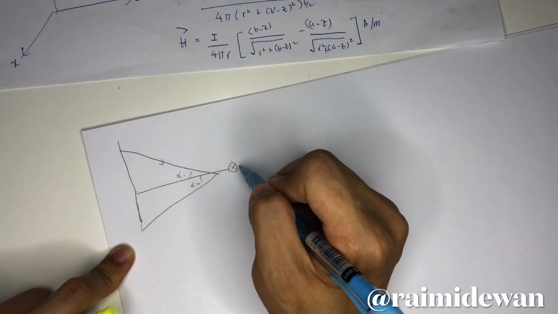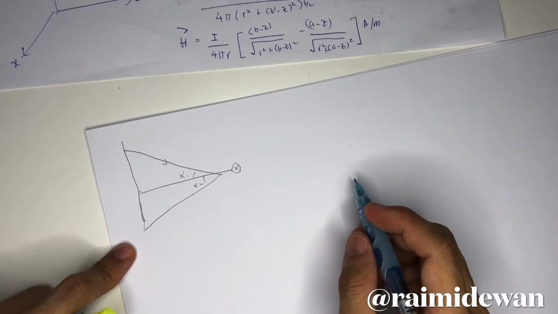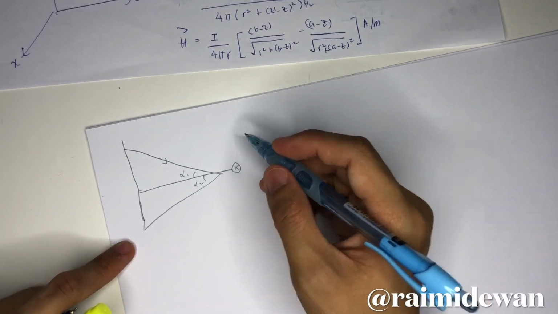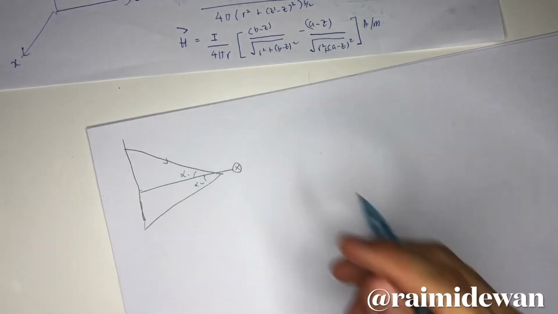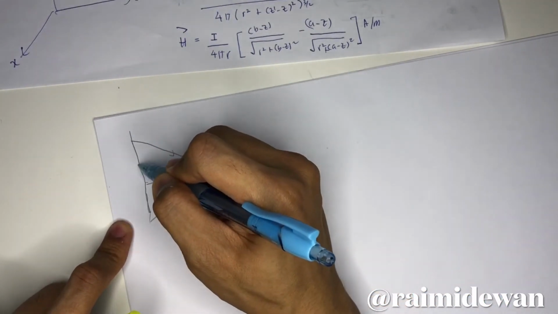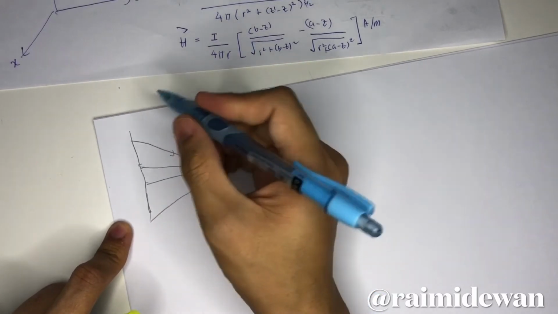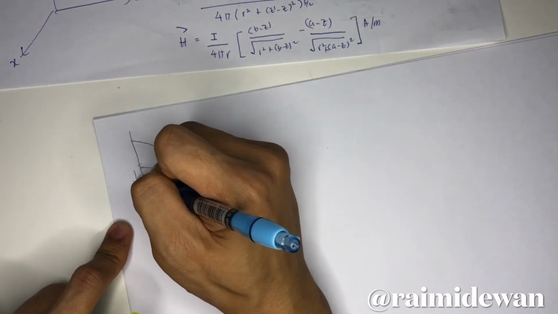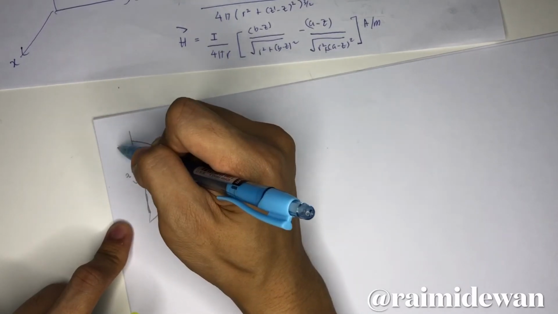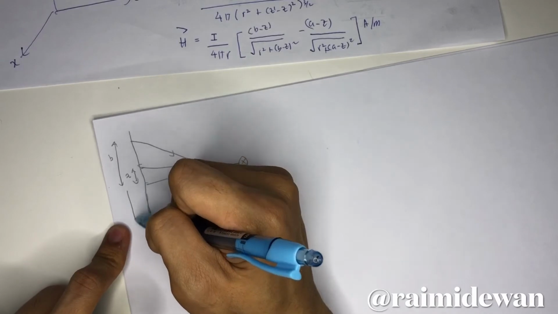H is into the page because the screw is going in. Let's say there is a differential here that you want to take. Then you have your z here, your b here, and your a here.